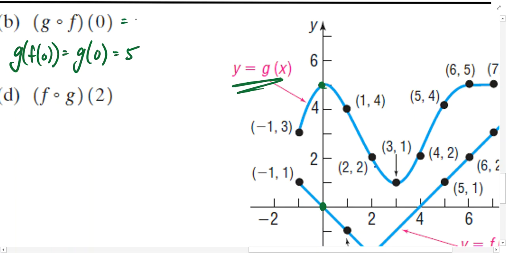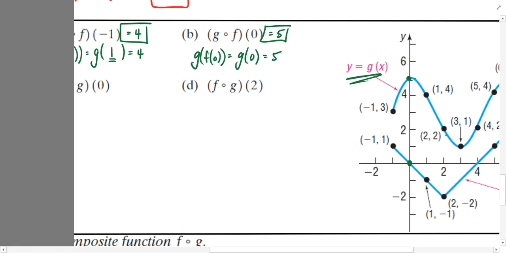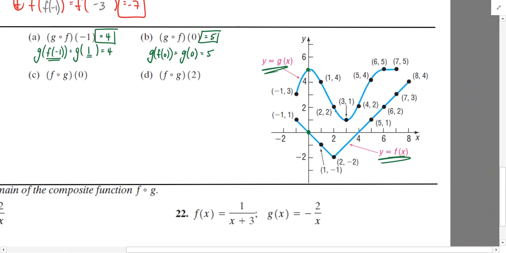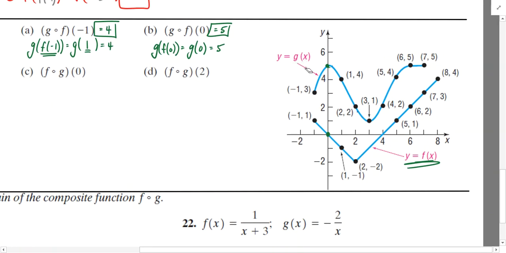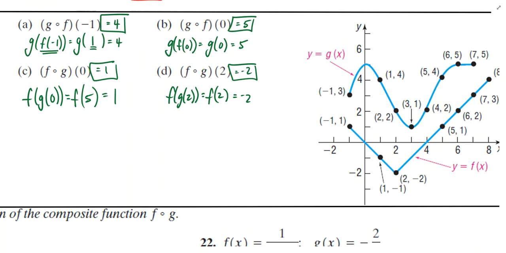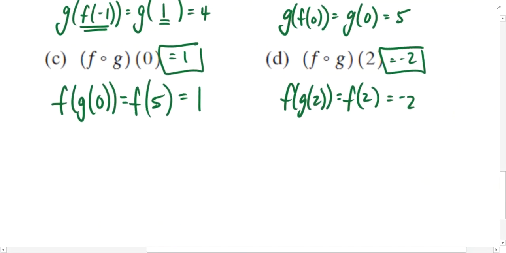So g composed with f at 0 is 5. Please try C and D on your own and resume playback in a moment to check your work. And again, based on the positions of our coordinates in each function, I would expect these results for C and D.